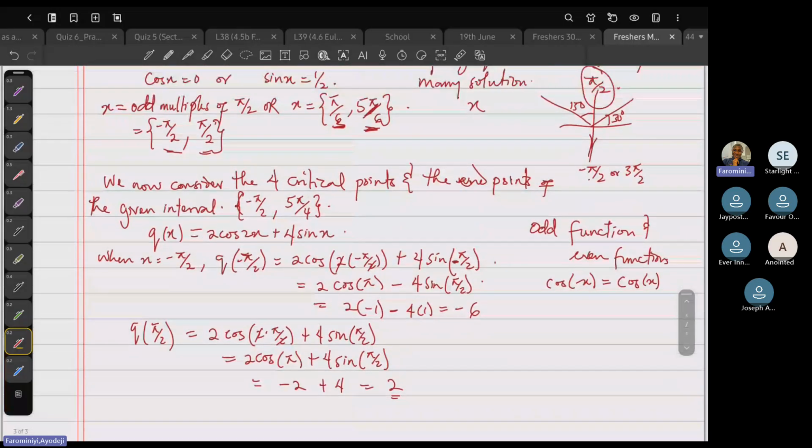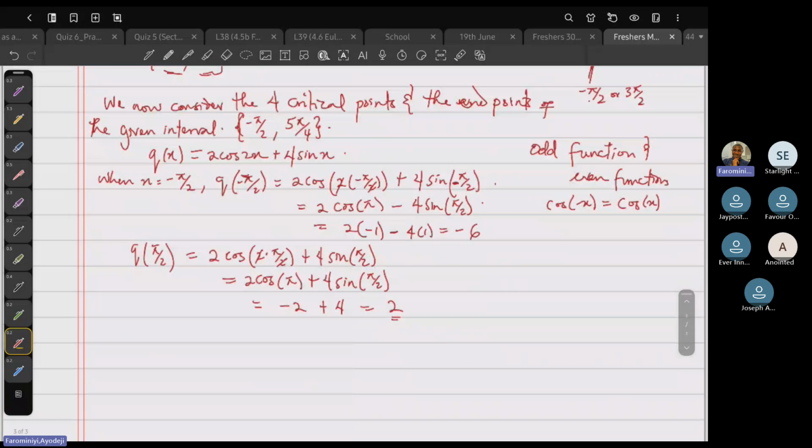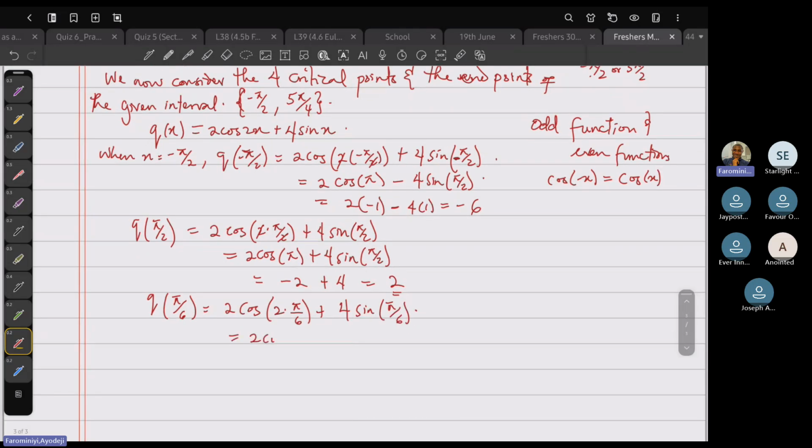What's the next one? Pi over 6, which is 30. So Q of pi over 6 is 2 cos of 2 times pi over 6 plus 4 sine pi over 6. This is 2 cos pi over 3 plus 4 sine pi over 6.